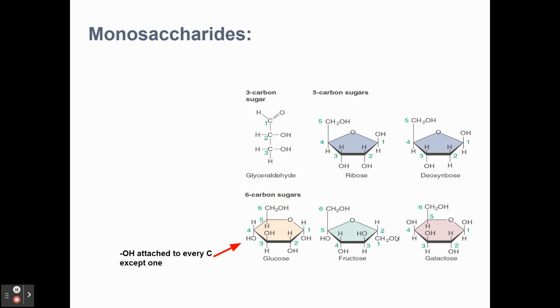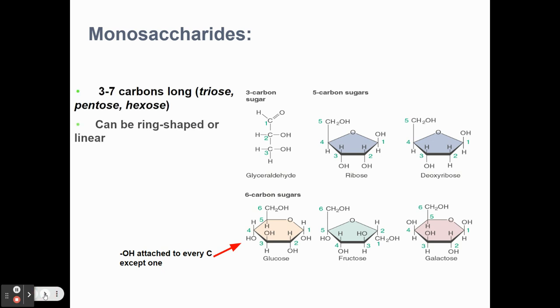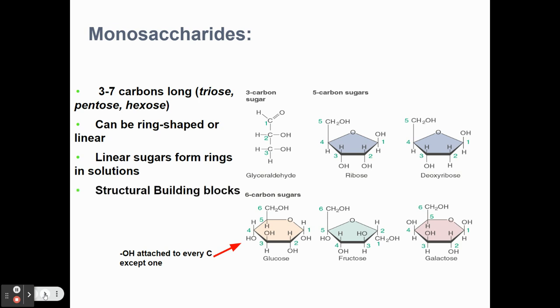I want you to write what that empirical formula is on a question. You're going to have to figure that one out. Again, carbohydrates can be linear or they can be ring-shaped. Generally, a linear carbohydrate thrown into water will turn into a ring.